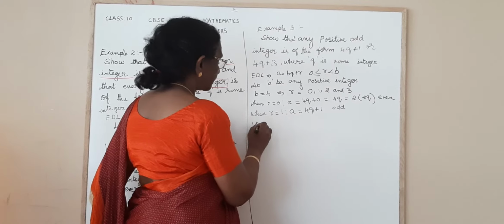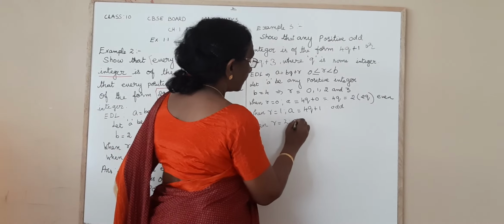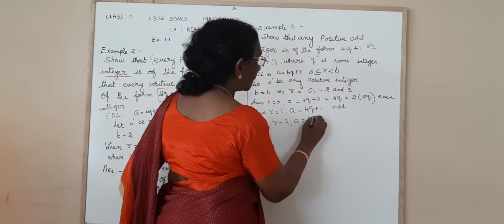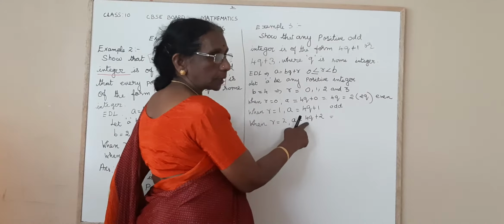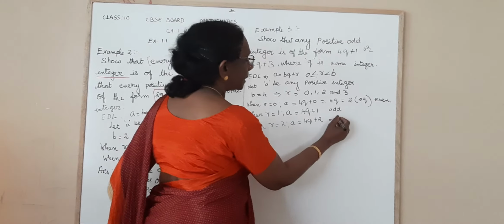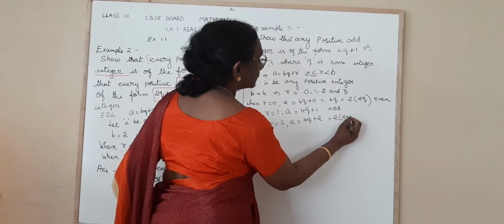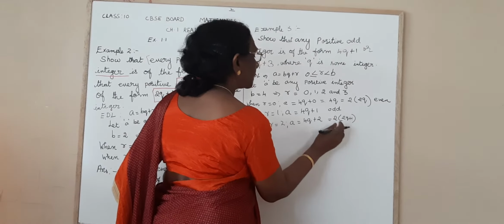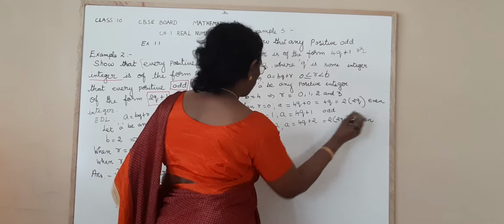Then when r is equal to 2, a is equal to 4q plus 2. 4 is also a multiple of 2, 2 is also an even number. So you can take 2 outside, what is common? So 2q plus 1. So it's a multiple of 2. So it is an even number.